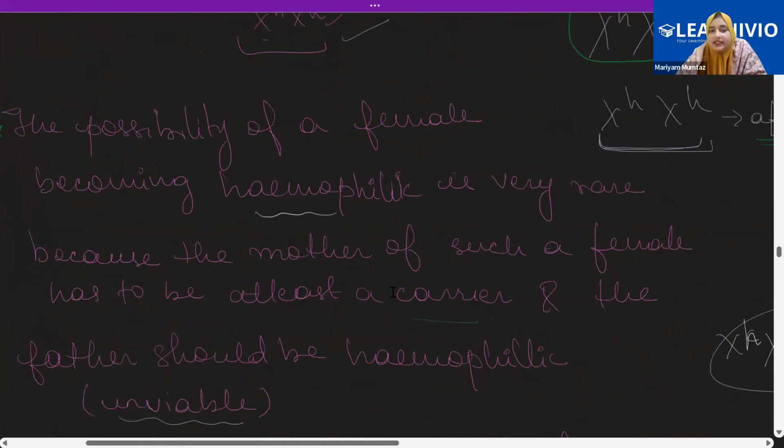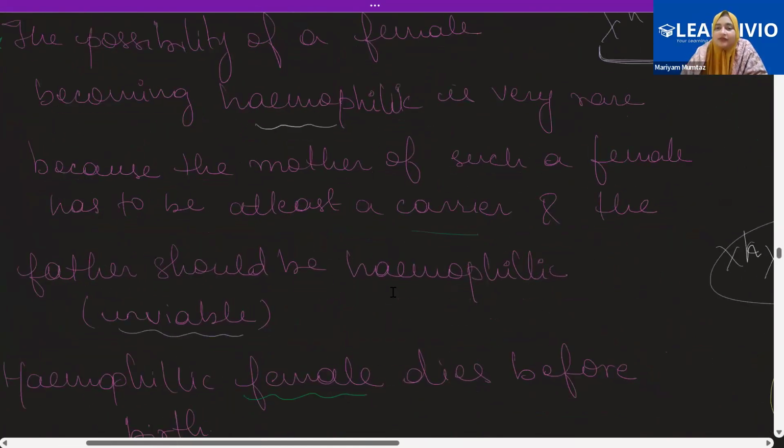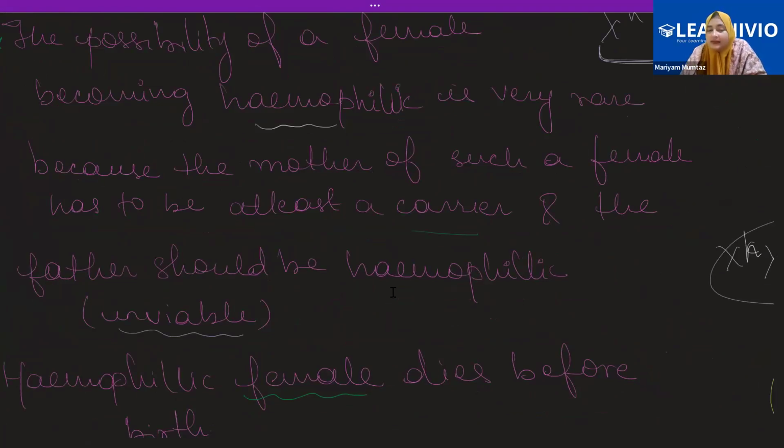The possibility of a female becoming hemophilic is very rare. Why? Because the mother of such a female has to be at least a carrier and the father must be hemophilic in order for this kind of offspring to be received. And remember, the hemophilic females are unviable and die before being born.